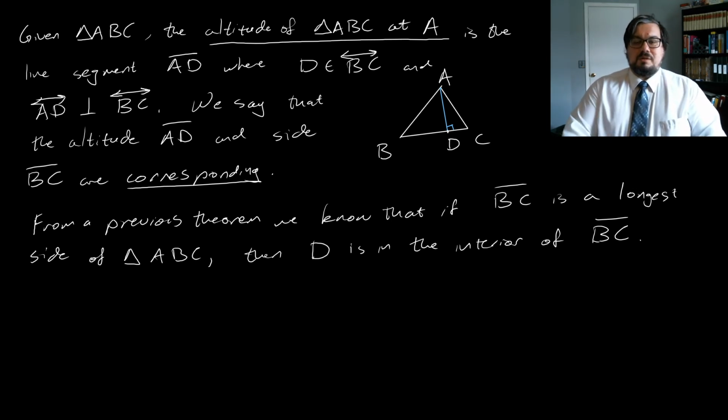All right, so we've got this notion here, and we can use this to prove that when our original triangle is a right triangle, then the altitudes that we get are very closely related to the original. In fact, they give us similar triangles.